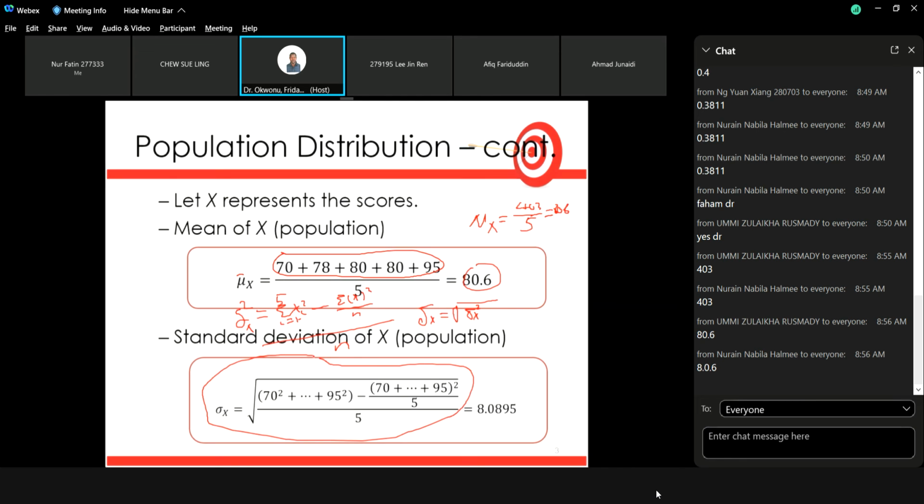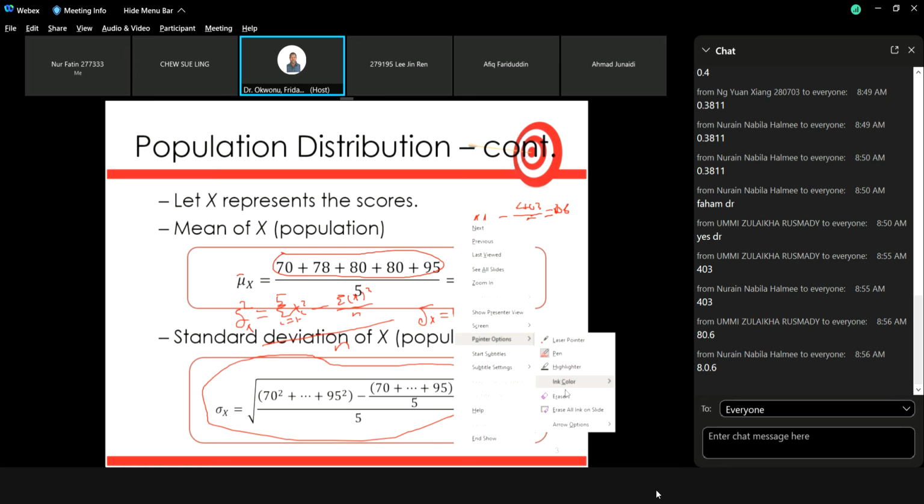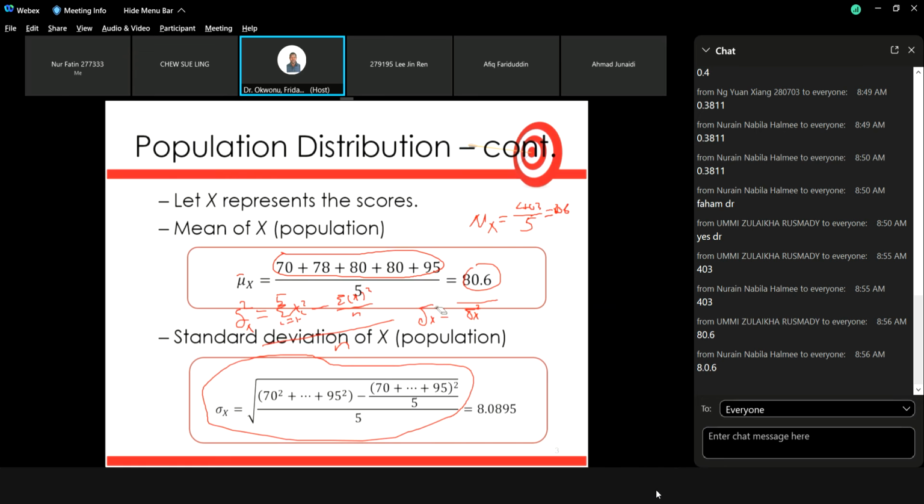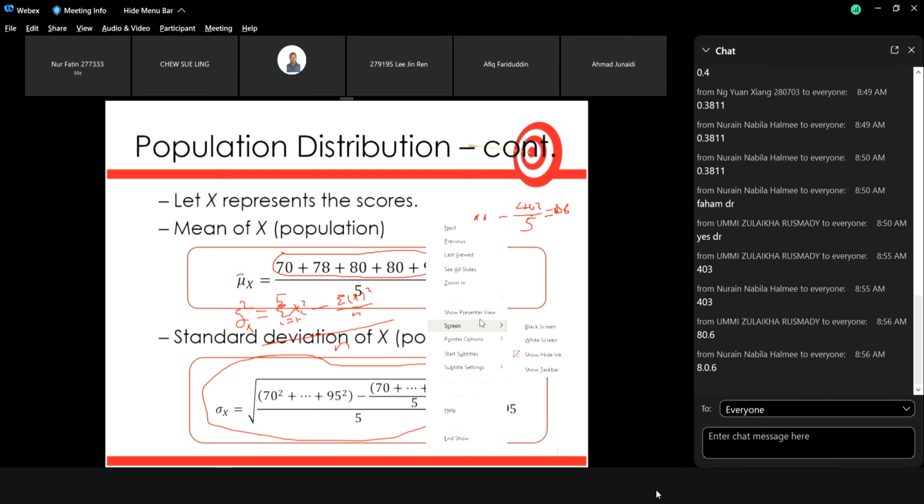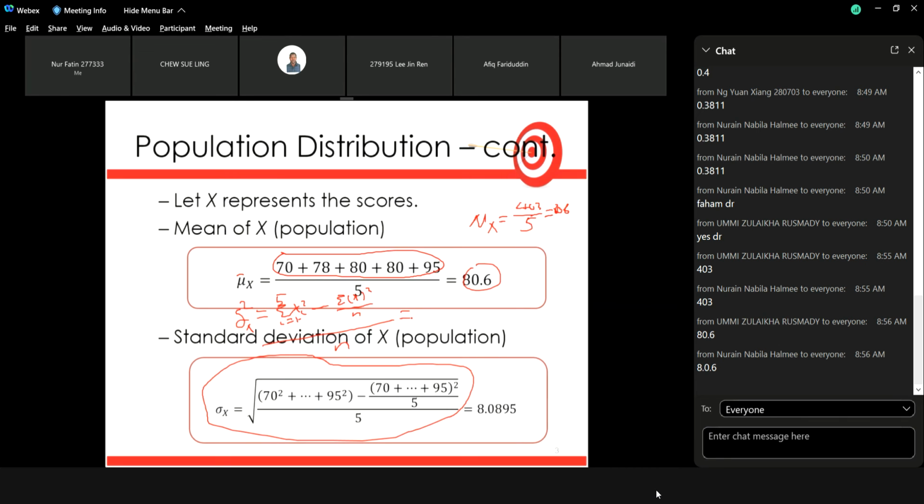Okay, so by the time you square everything here, students, let's do this together. Bring out your calculator. Square this plus square of this plus square of this plus square of this plus square of this.